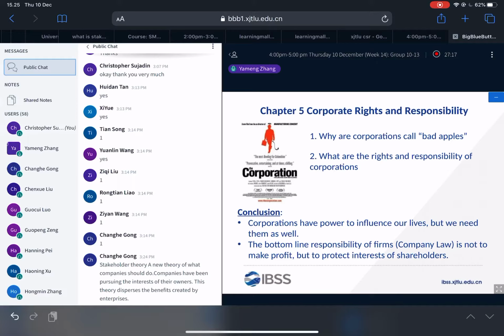We introduce a lot of content, a lot of knowledge, a lot of perspectives about stakeholder theory. For example, how do you define stakeholders? Why are stakeholders important? Who are the most important stakeholders? They are all perspectives relevant to stakeholder theory. So when you use this theory to answer questions, you should identify which perspectives you want to focus on.